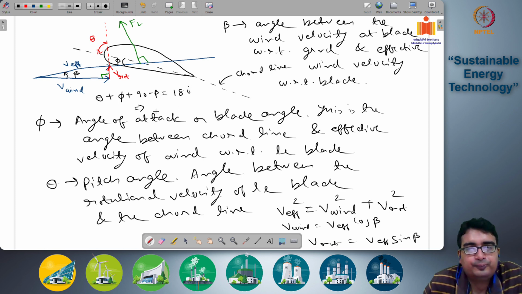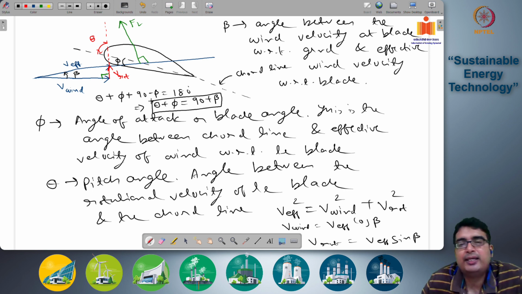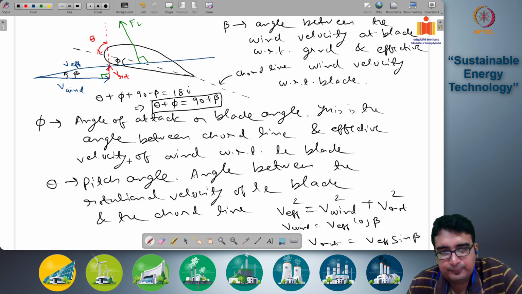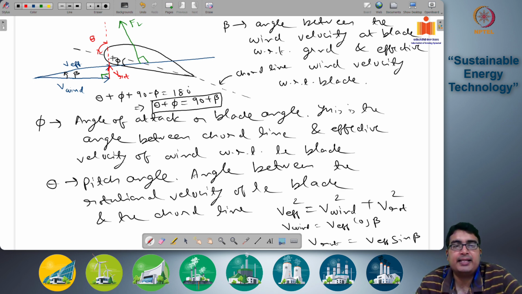This means theta plus phi equals 90 plus beta. Okay, you can get this relation as well. So this gives you the idea of how these things are related to each other.